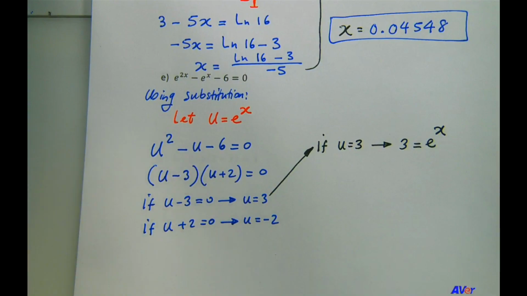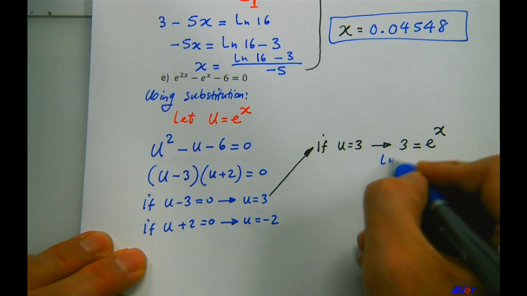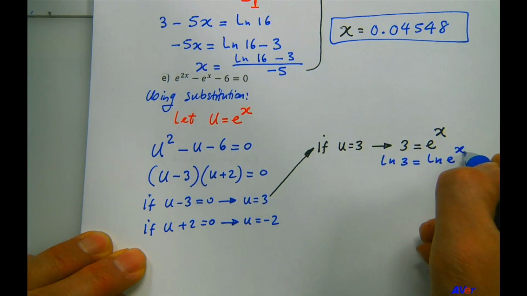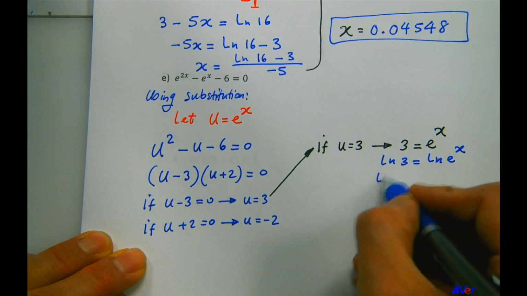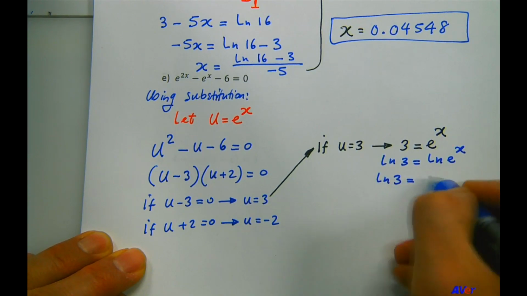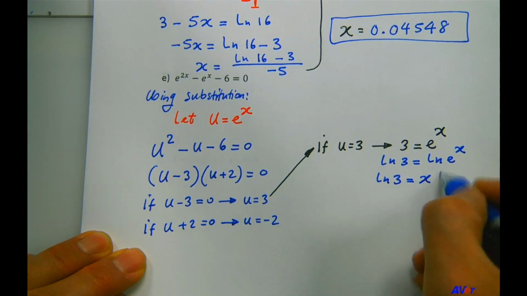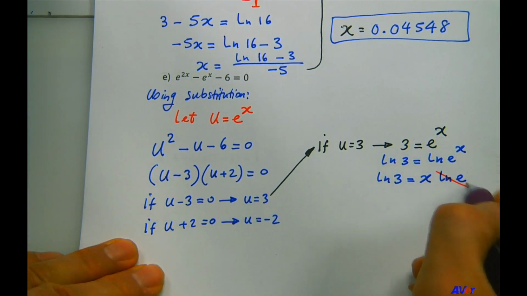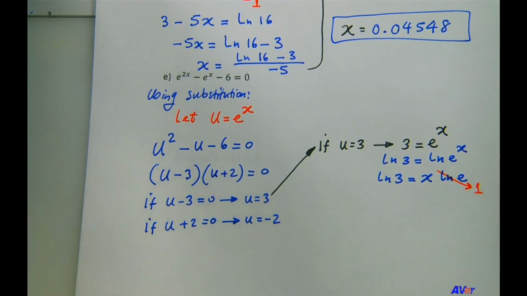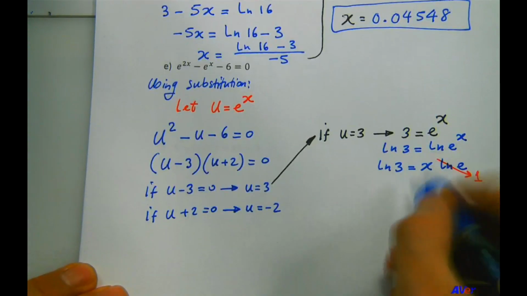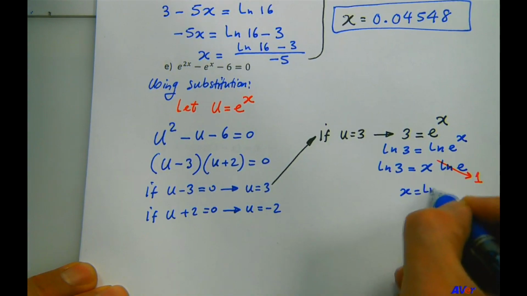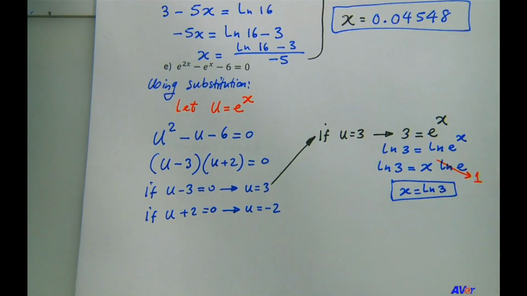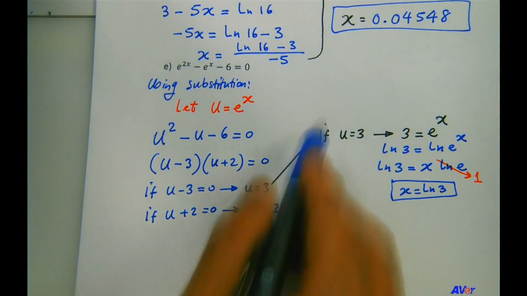So let's take the natural log of both sides. Natural log of 3 is equal to natural log of e to the x. On the right, things are going to simplify greatly. So natural log of 3 is equal to x natural log of e. We know natural log of e is equal to 1. So x equals natural log of 3. That's one of the solutions. If u equals 3, that's the solution.